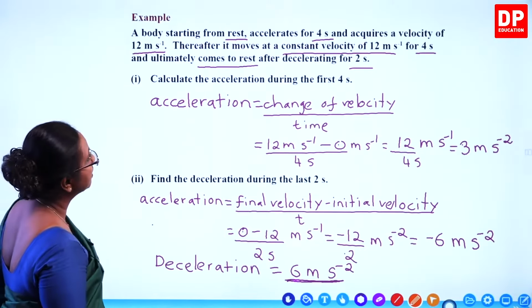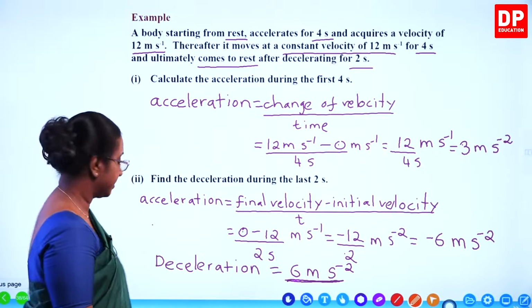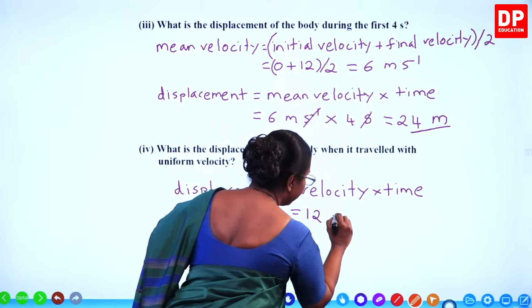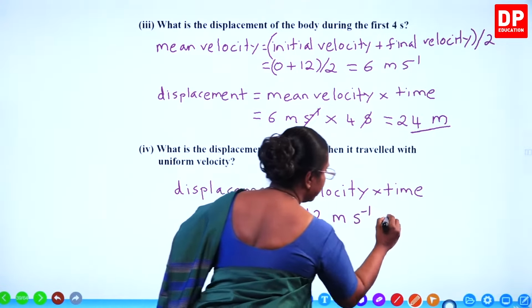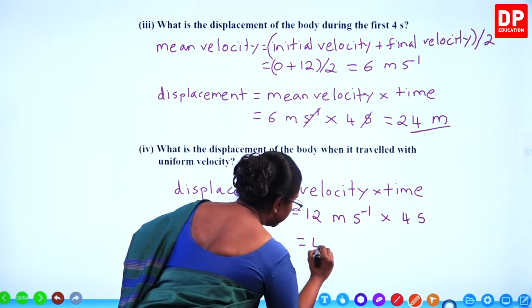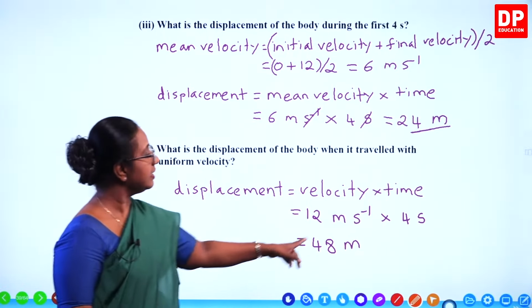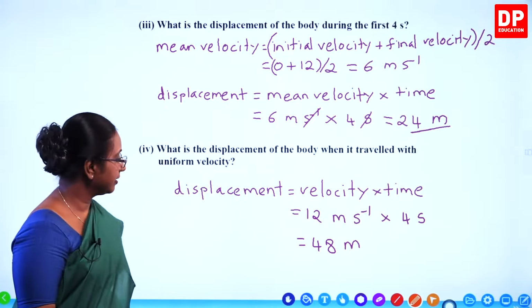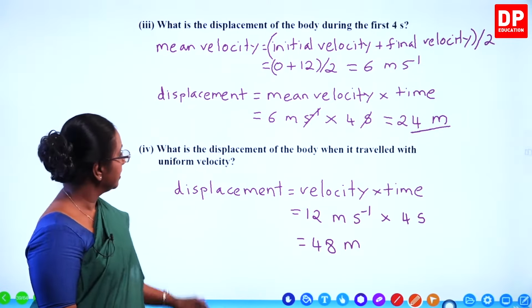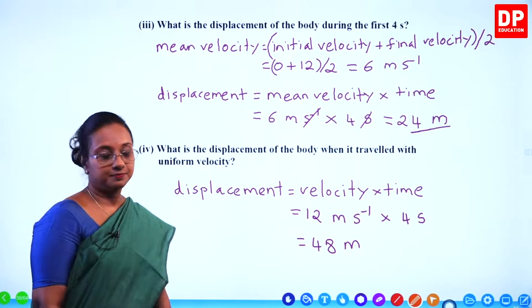To check the time again, you can see that again for 4 seconds. So if we substitute those values here, 12 meters per second into 4 seconds. That is equal to 48 meters. Again, second minus 1 and second cancels off. You get the value as 48 meters. That is the displacement with uniform velocity.